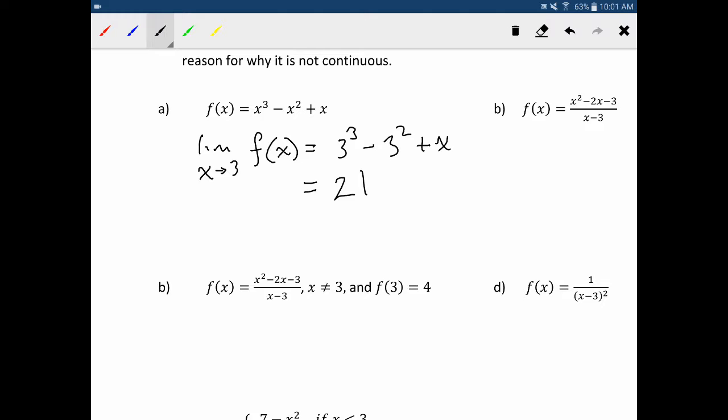So the limit equals 21, and what's more, f of 3 also equals 21. So this is continuous.